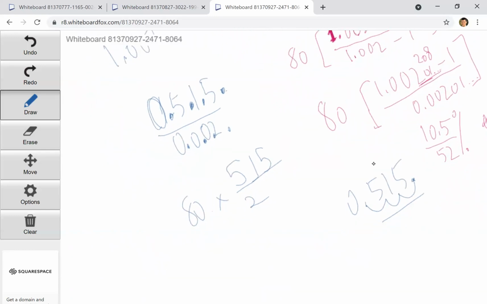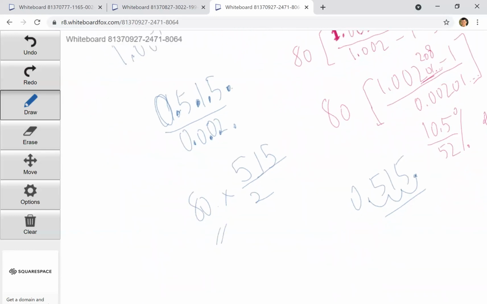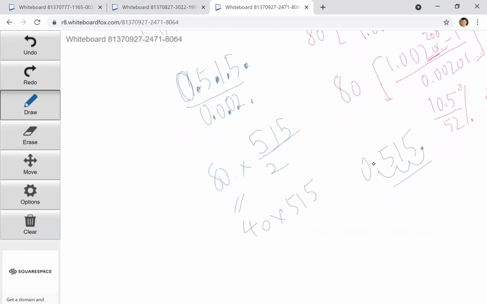So this is 40 times 515. Oh, wait a minute. So 4 years is like 200 weeks, right? What did we say it was? 225 weeks or something?